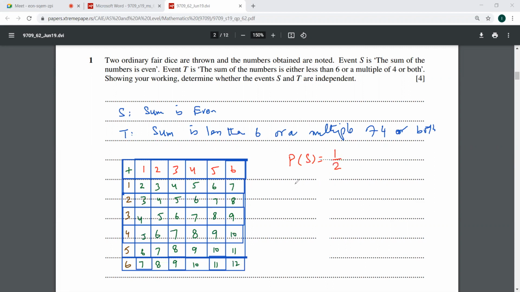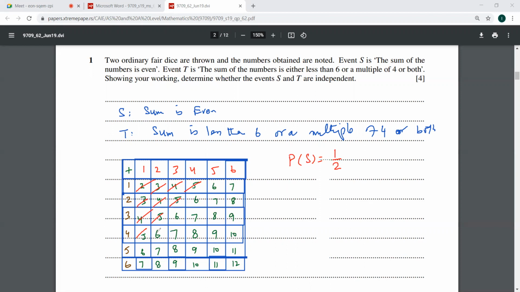Then the next one is the sum is less than 6, a multiple of 4, or both. So let's see which are these. Less than 6, so these are the sums which are less than 6.